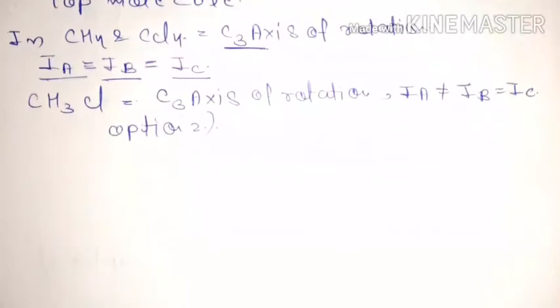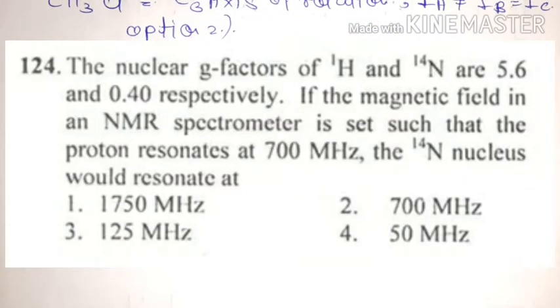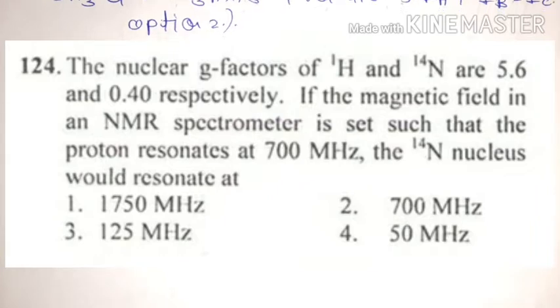Let's move towards our next question. It says the nuclear G factors of 1H and 14N are 5.6 and 0.40 respectively. If the magnetic field in an NMR spectrometer is set such that the proton resonates at 700 megahertz, the 14N nucleus would resonate at, and we have four options.